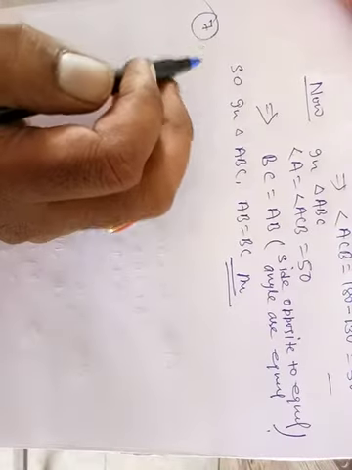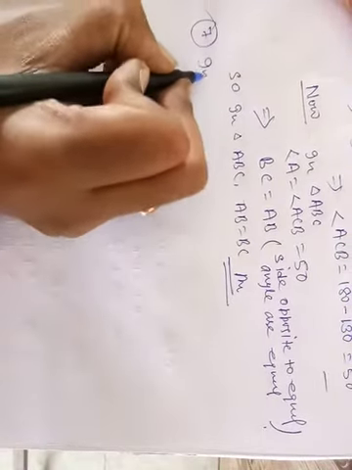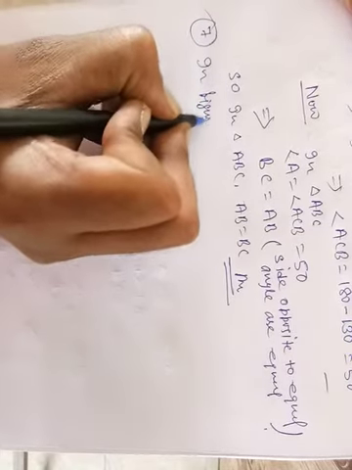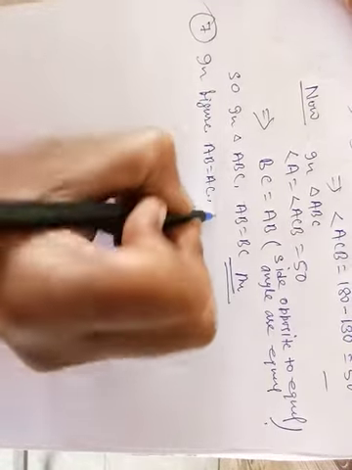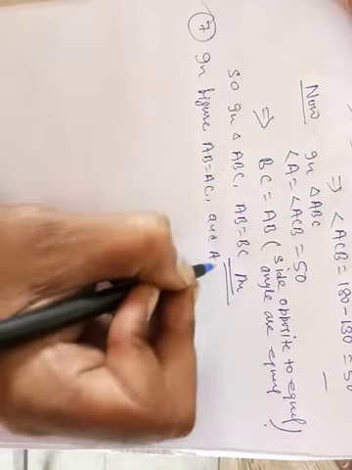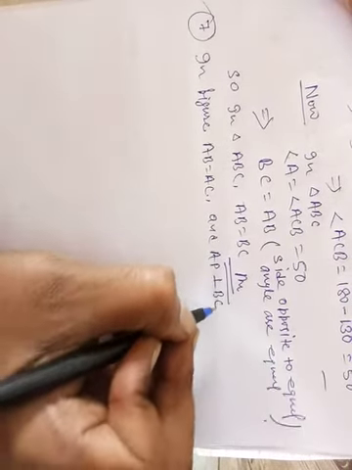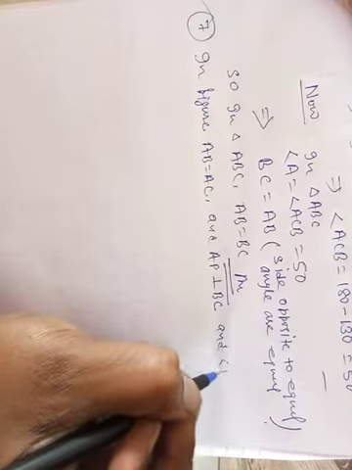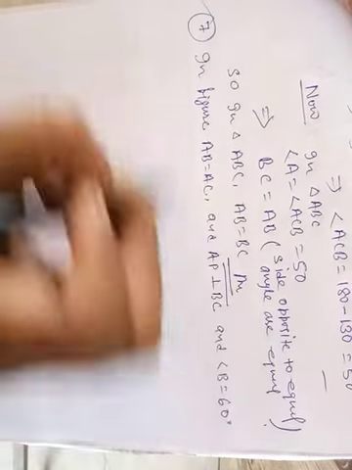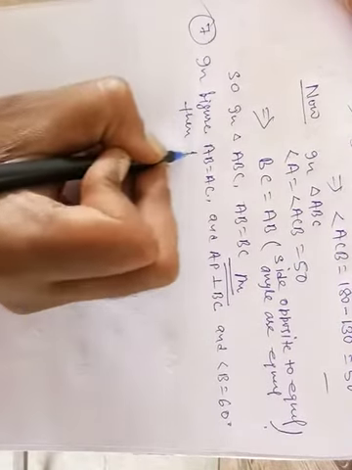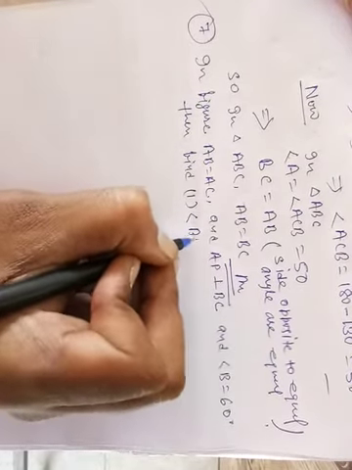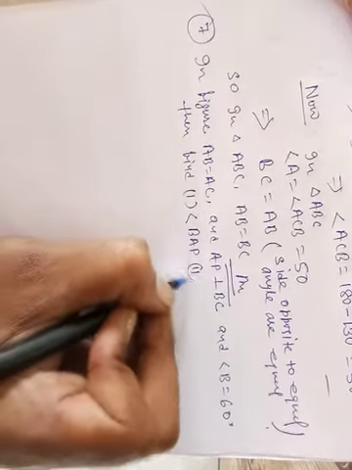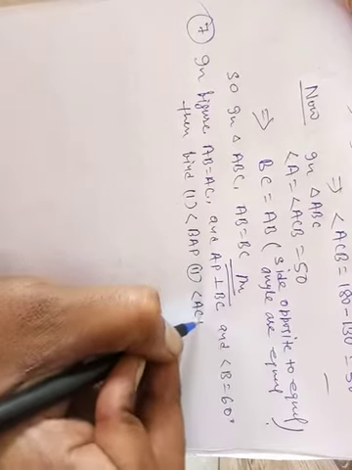Now in question number 7, the question is, in the figure AB is equal to AC and AP is perpendicular to BC and angle B is equal to 60 degrees, then find first angle BAP and second angle ACB.